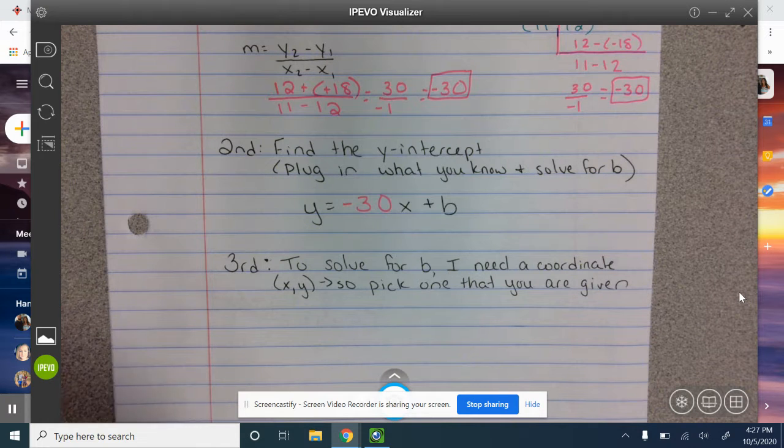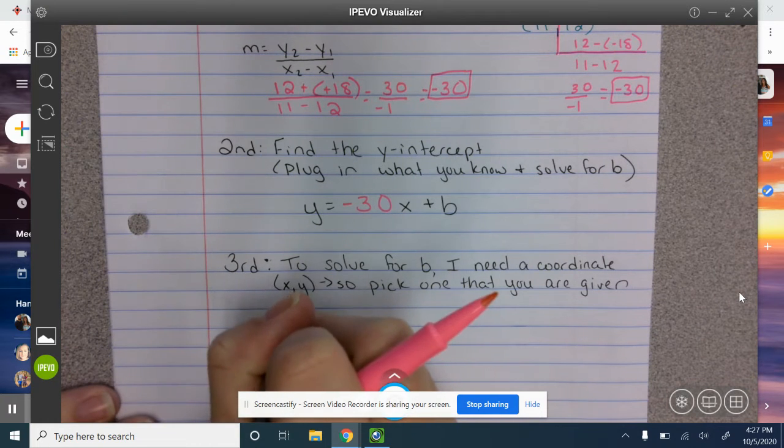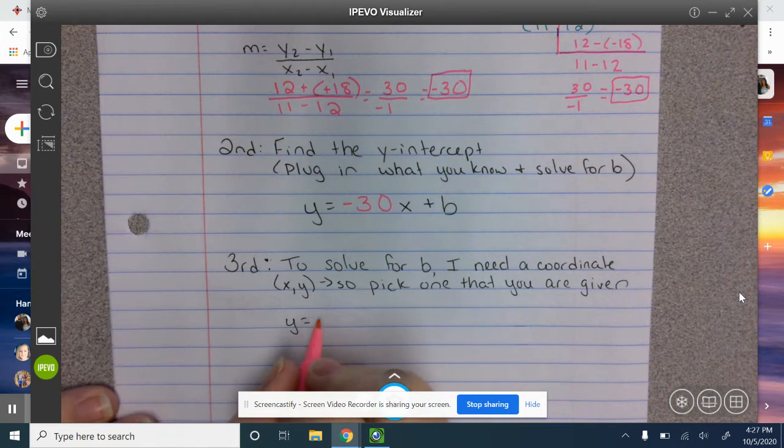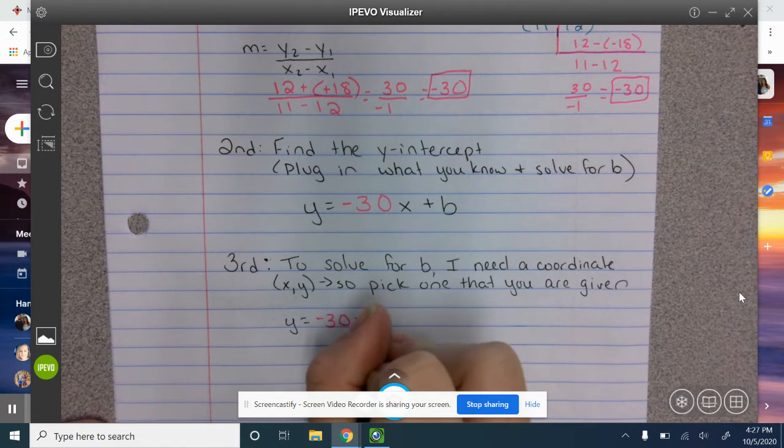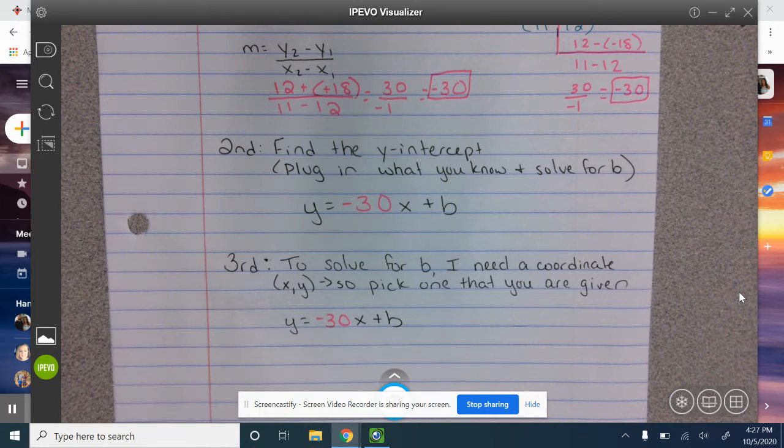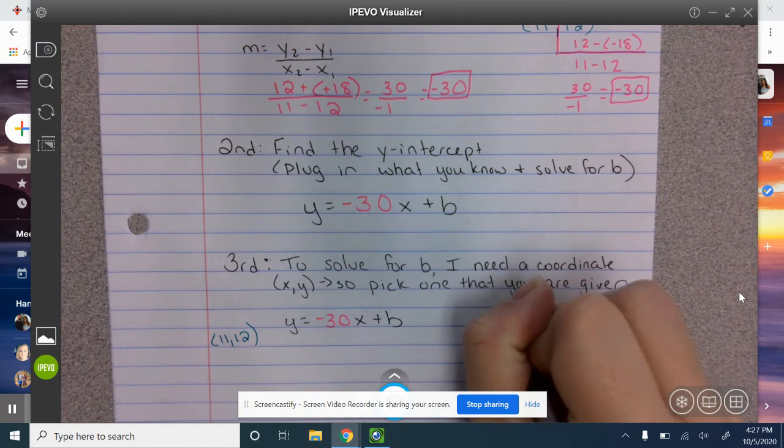So right now I have y equals -30x plus b. The coordinate that I'm going to pick, I'm going to use (11, 12). And I'm just going to make a note to you right here.